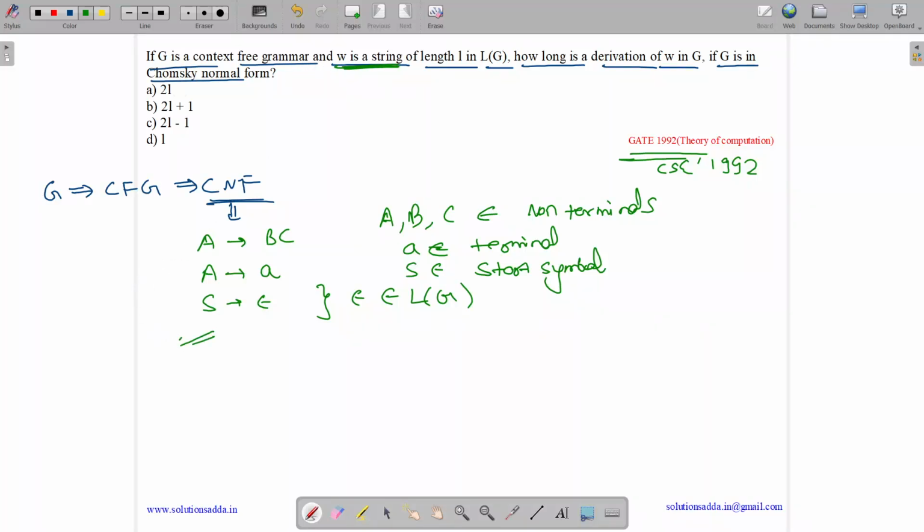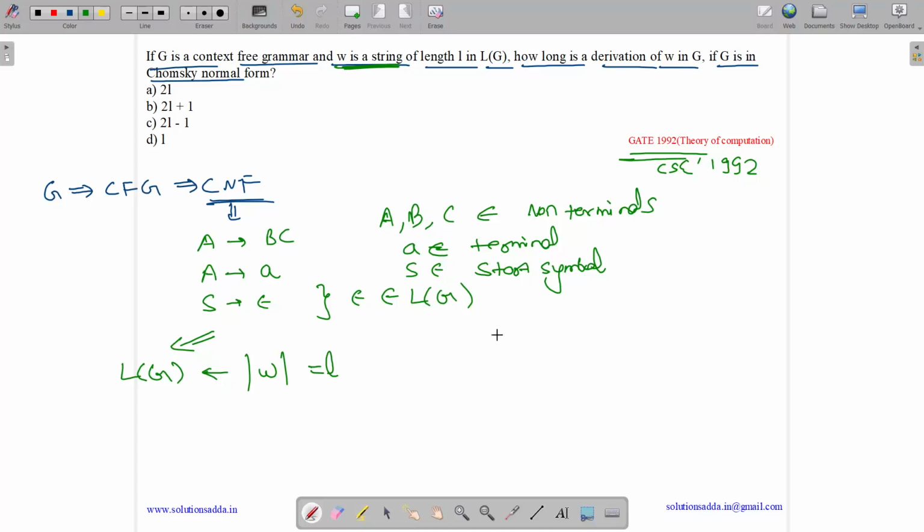If the language is represented by L of G and we have a string W which belongs to L of G, and the length of W is L, then how long will be the derivation of this W in G? Okay, let us analyze this.